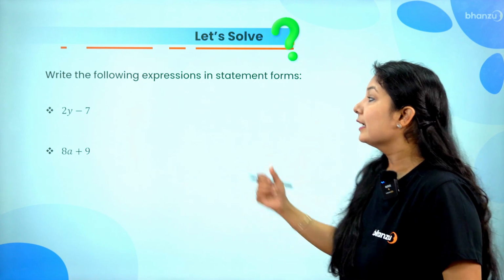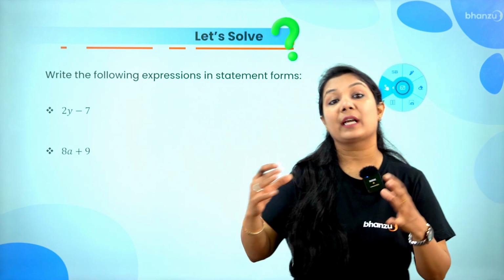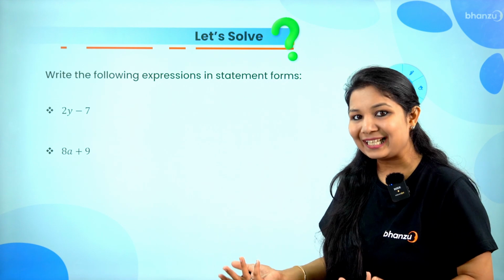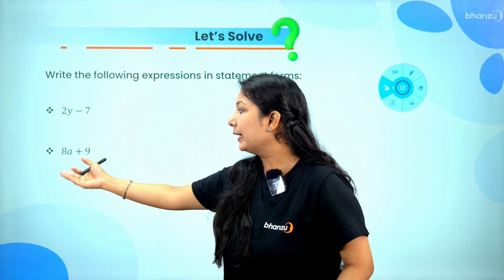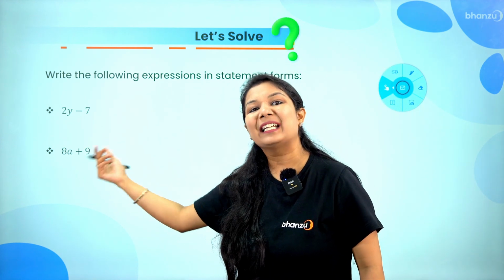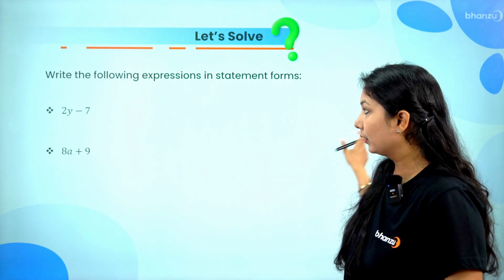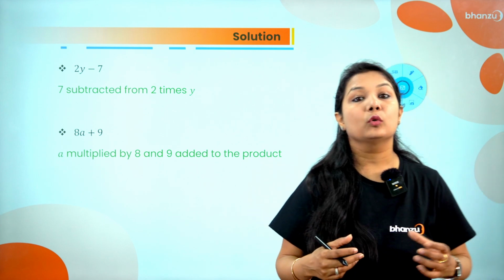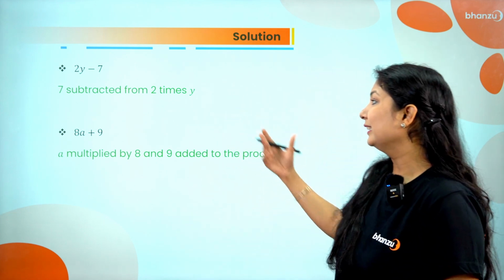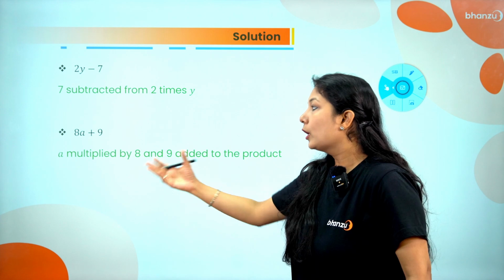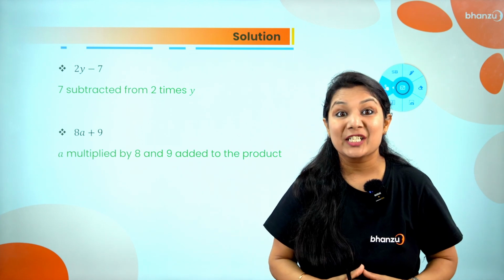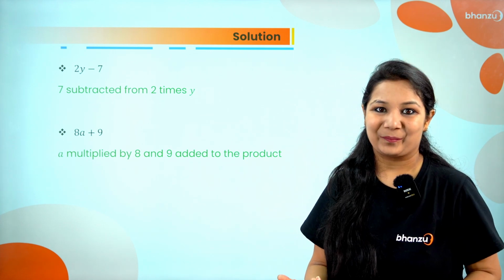So here we can write 7 reduced from 2 times y. Yes? Over here 8a: multiplied by 8 and 9 added to the product, or 9 added to 8 times a. So these can be the different ways to write your expressions as statements.